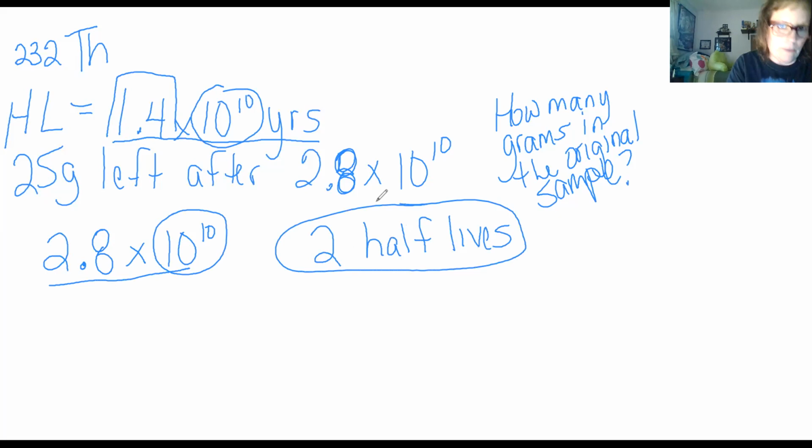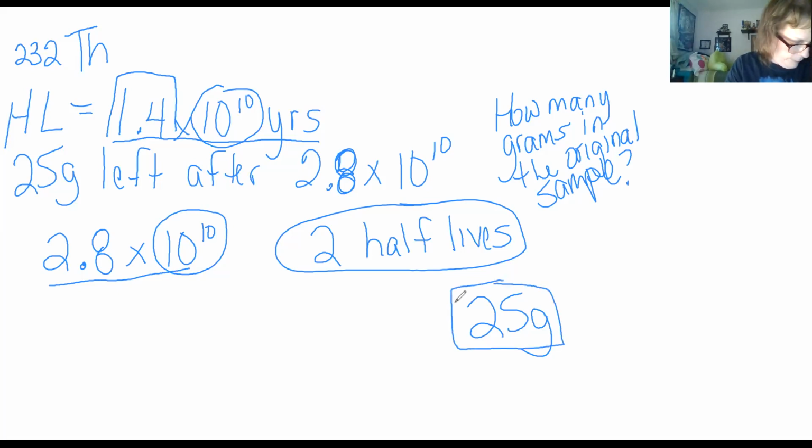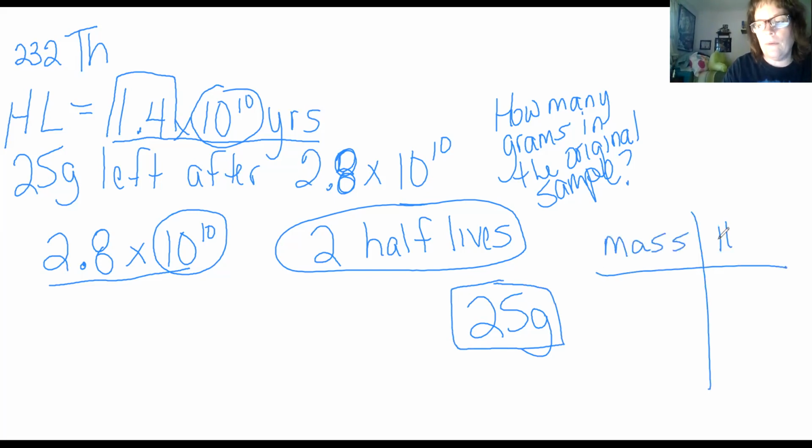All right, so we know if you had 25 grams at the end, this is the number you ended up with. You can do your chart if you want to, you don't really have to with this one. 1 half-life, 2 half-lives. So we're just backing up.